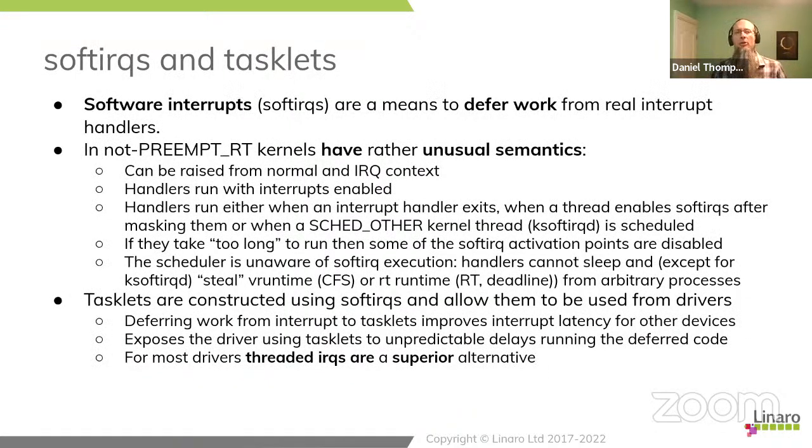And I bring that up before I talk about soft IQs and tasklets, because soft IQs and tasklets, when you describe how they actually work, are quite peculiar. You think, why is it so peculiar? And ultimately, soft IQs are one of the best examples I can point at of optimizing for throughput.